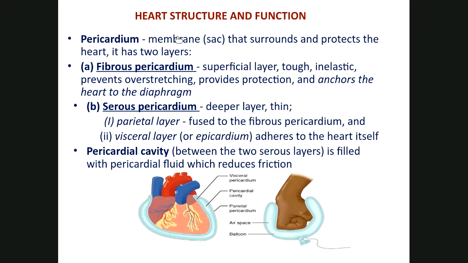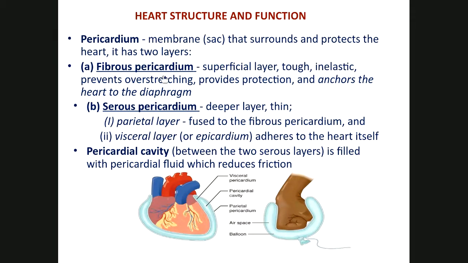So let's look at some structures and functions that exist within the heart. The pericardium is the sac that surrounds the heart and protects it. We learned in the past that the pericardium is made up of dense, irregular connective tissue, and it has two layers.